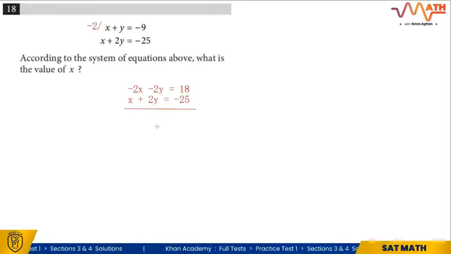So the question is x. Negative x is equal to negative 7. Then x will be equal to 7.